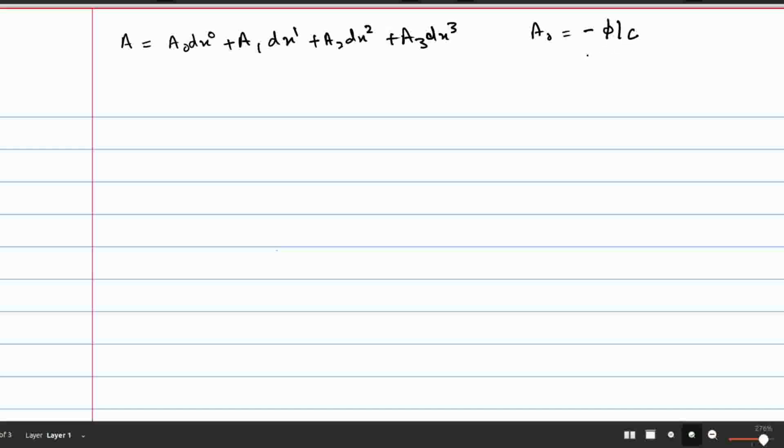Phi is scalar potential, and these Ai's are components of vector potential, and x0 is ct, and x1, x2, x3 stand for xyz coordinates.